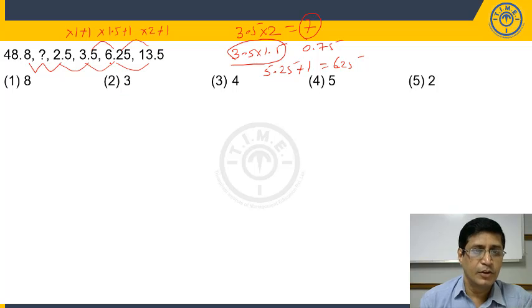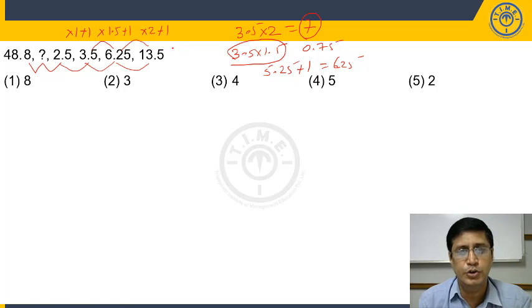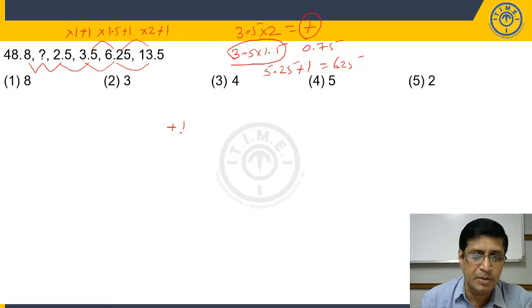Am I right? So what is the pattern here? It is following 1 into 1 plus 1, into 1.5 plus 1, into 2 plus 1. Means the constant part is the 1. And what is adding here?